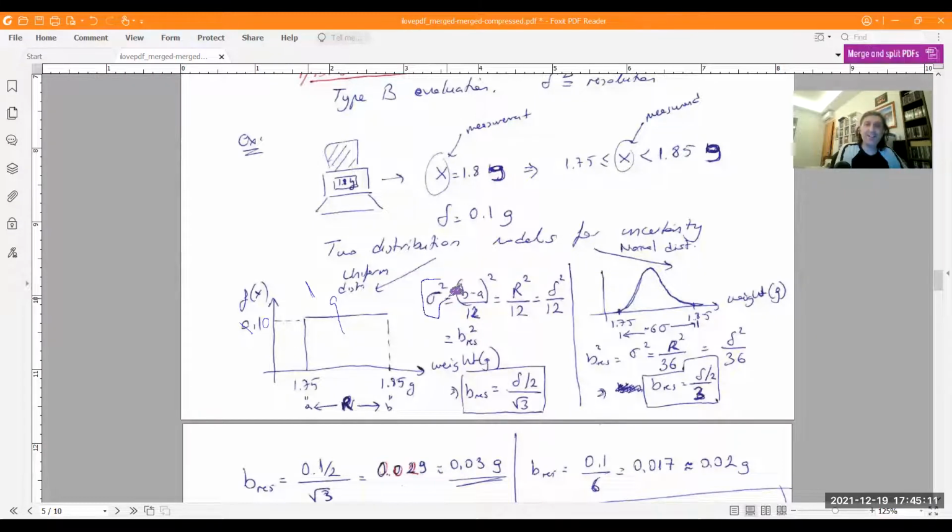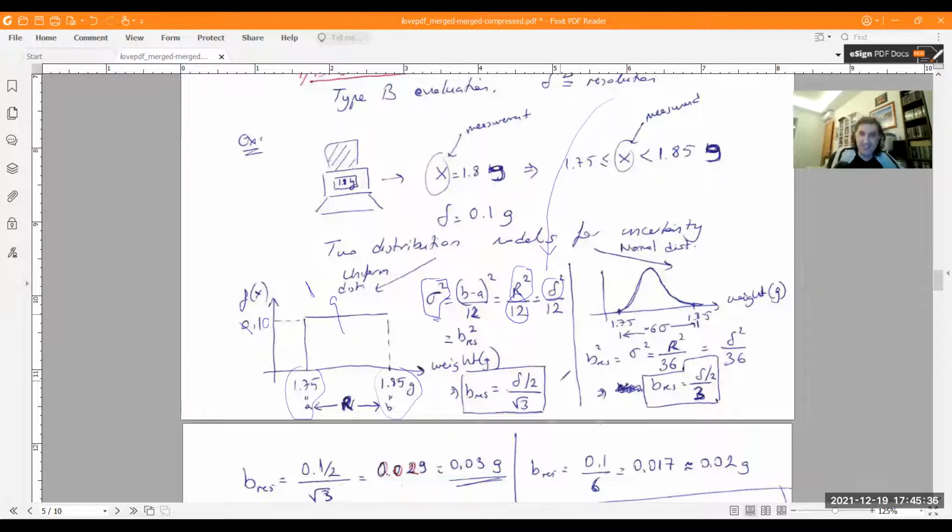Okay, the variance of a continuous uniformly distributed variable is (b minus a) squared over 12. B and a here correspond to the upper and lower values. Therefore, it is basically range squared over 12, and range is what we called here the resolution. Therefore, variance is equal to resolution squared over 12.